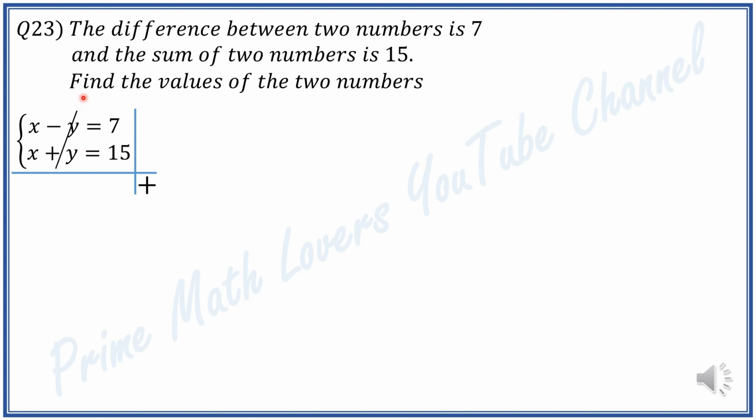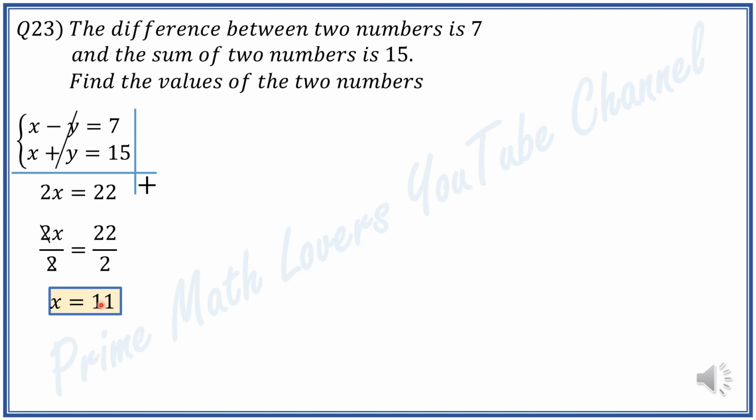As I said, negative y and positive y will cancel. x plus x is equal to 2x. 7 plus 15 is equal to 22. 2x is equal to 22. I can divide both sides by 2, and x is equal to 22 divided by 2, or x is equal to 11.